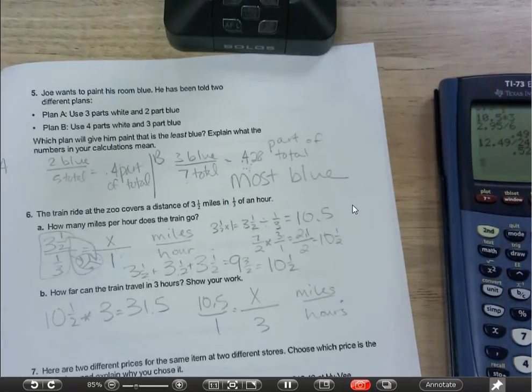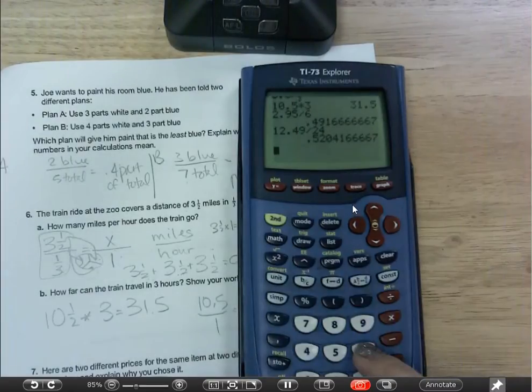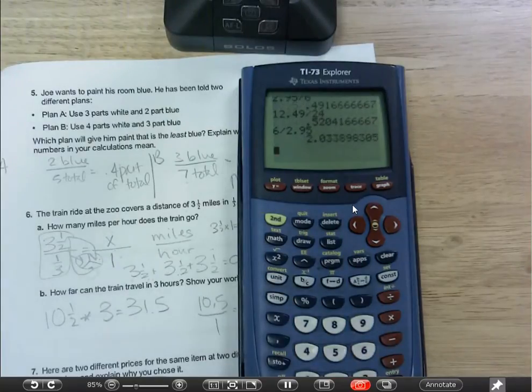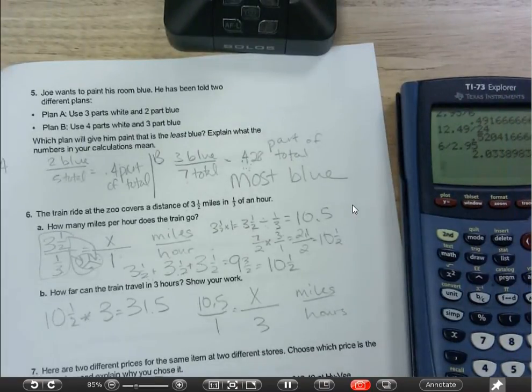If you did cans per dollar, which gave you 2.033. And then over here, 24 divided by 12.49, which gave you 1.92.